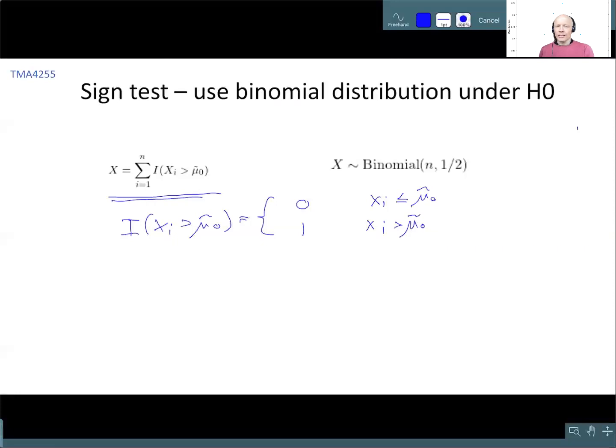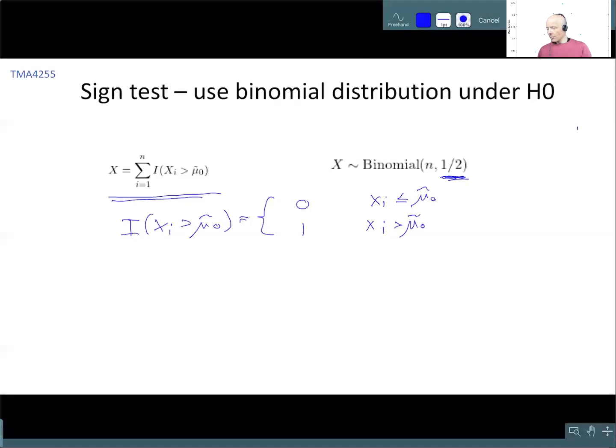In our context, with a pre-specified median of mu tilde 0, the success probability is a half, because under this hypothesis H0, we are equally likely to end up on the left side or the right side of mu tilde 0. So that's why we get the probability a half here.